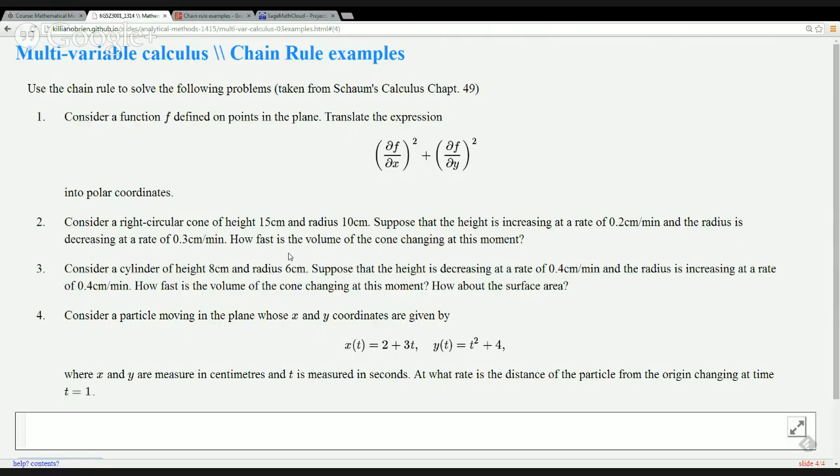And dr/dx and dr/dy we have from the earlier question, don't we? dr/dx is x over r, and dr/dy is y over r. dx/dt is coming from here, that's simply 3. And dy/dt is coming from here, and that's 2t. That's an r there.